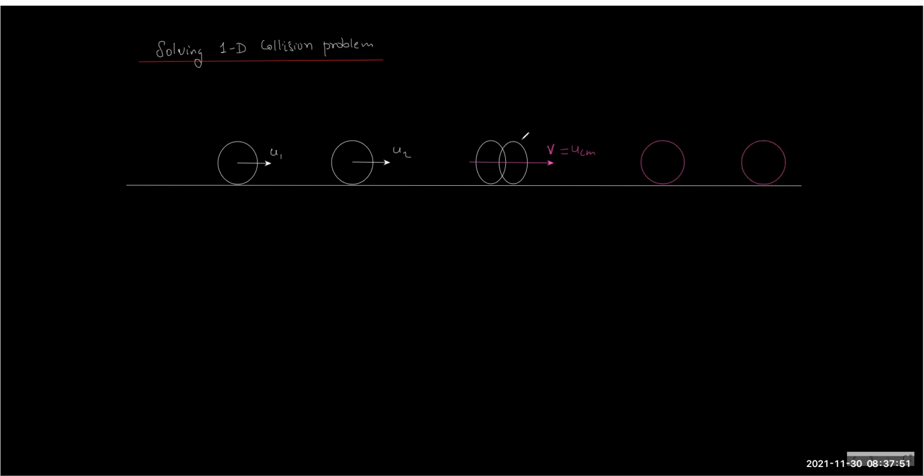From the moment they hit till they become maximally deformed, when the velocity of both masses will be the same, equal to u_cm, is called the deformation part, and then this is called the recovery part.